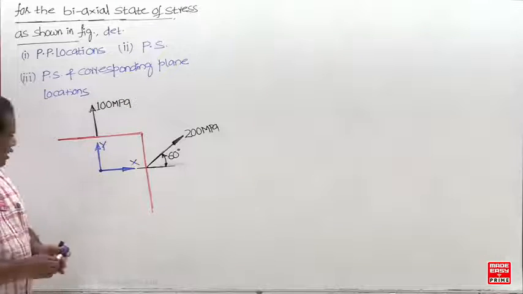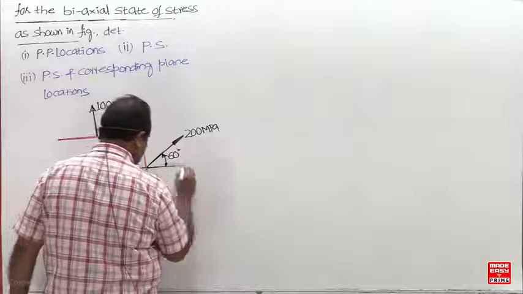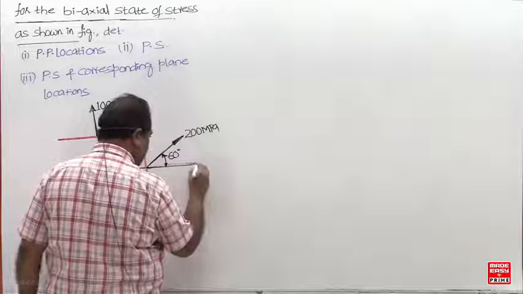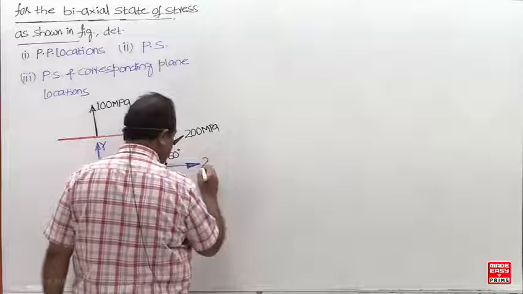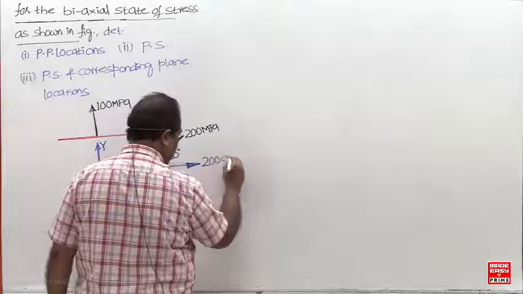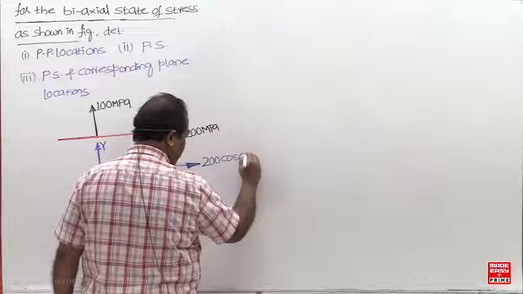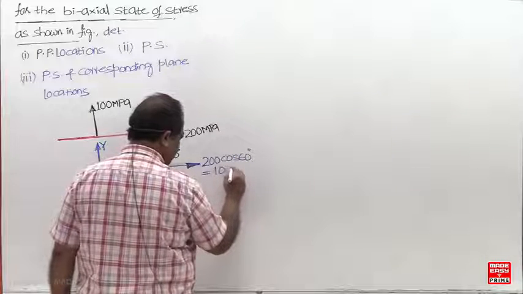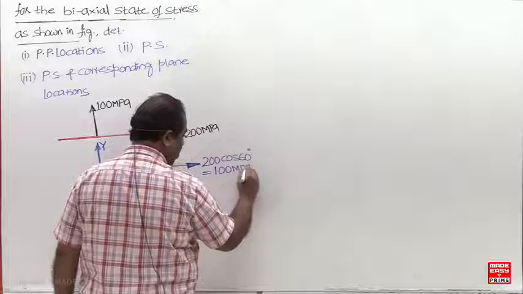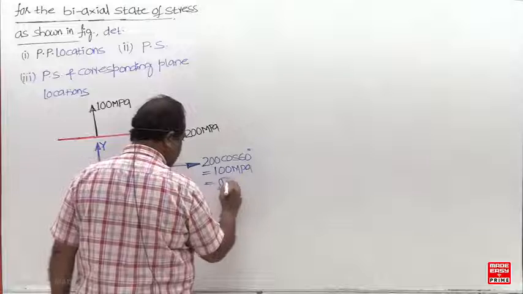So if you resolve it, you are getting this component, 200 cos 60, that is 100 megapascals. So this will be equal to sigma x.